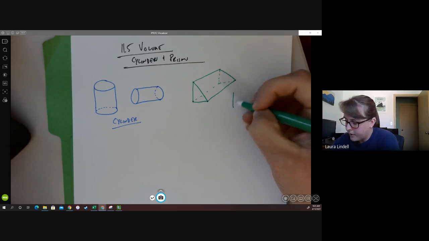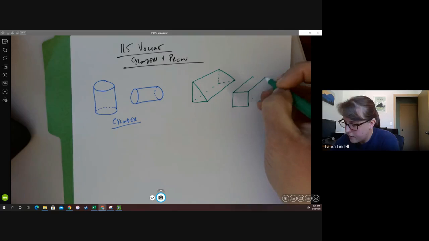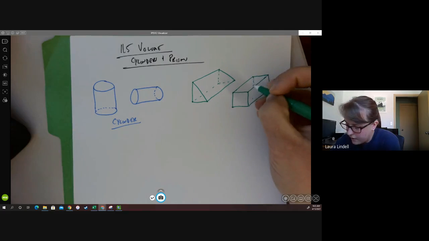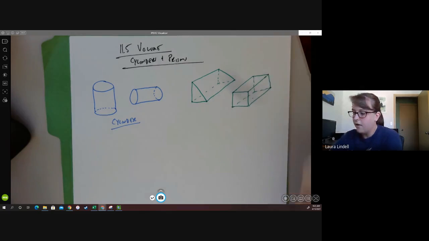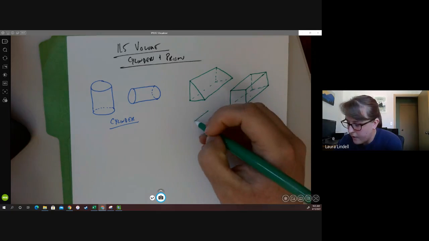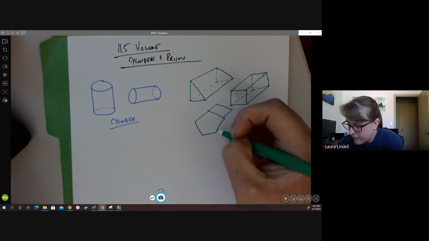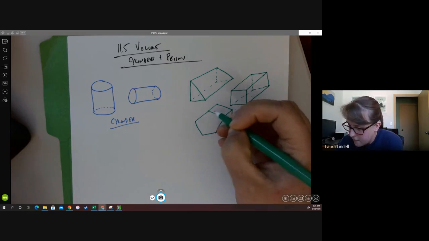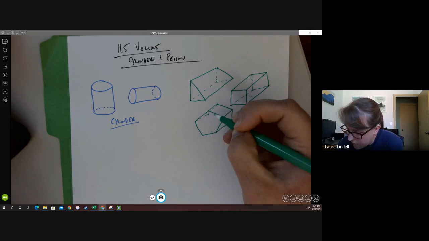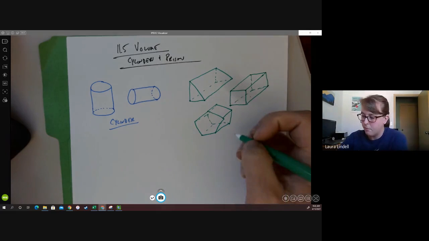Or you could have a rectangle or a square that gets extended. And this is where you get to see a fun Miss Lindell trying to draw in 3D. Or you could even have something like a pentagon that gets extended. So these would all be examples of prisms.